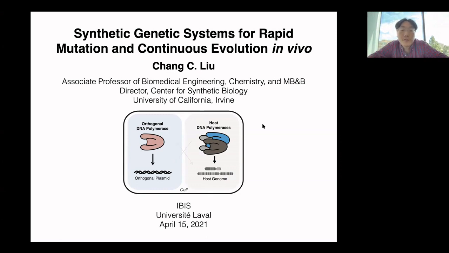So I'm going to tell you about the main project in our lab, which is the one that's outlined here, where we're basically trying to create cells that have what we call an orthogonal replication system. This is an additional replication system we install into cells where the DNA polymerase of the new replication system only replicates our orthogonal plasmid and doesn't replicate the genome.